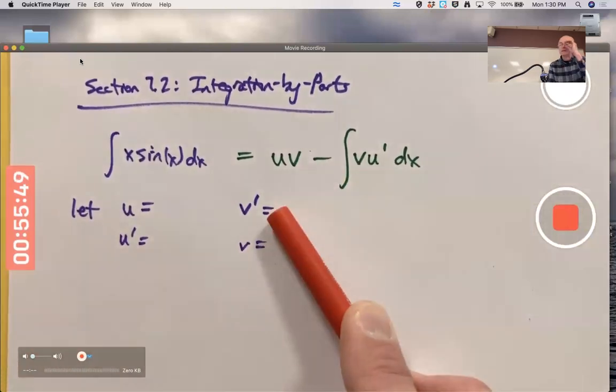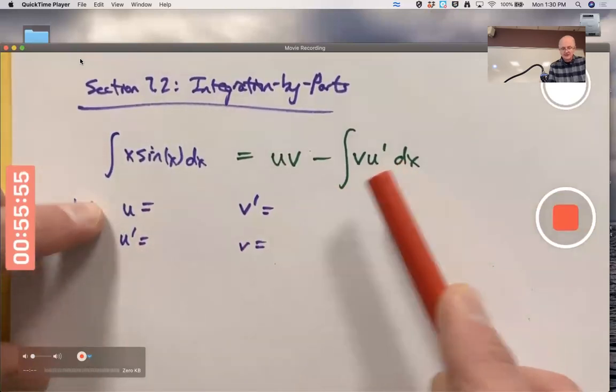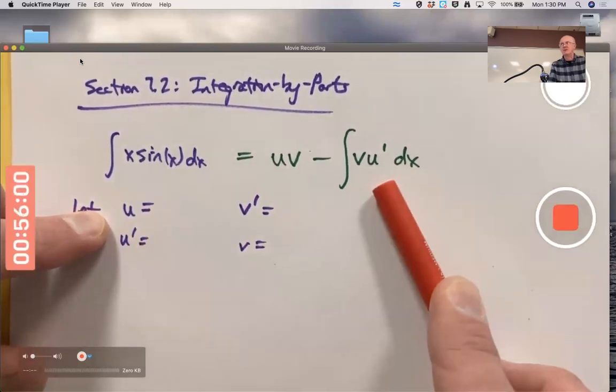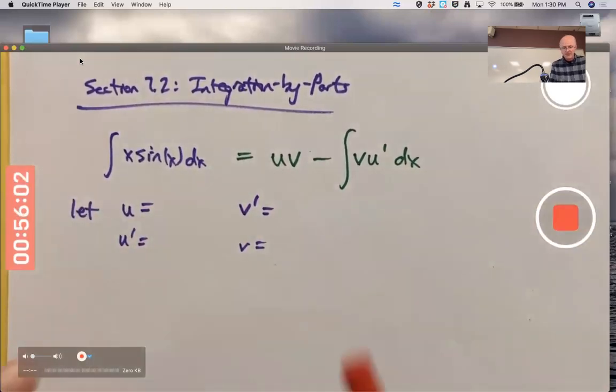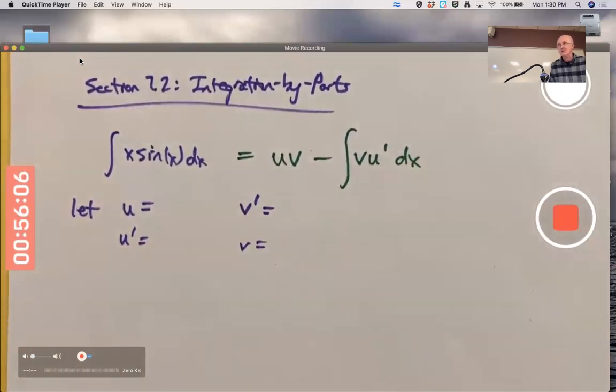So v prime better be something easy to integrate. And you also see a u prime appearing in this formula. So u better be easy to differentiate. And hopefully, since the right-hand side of this formula involves another integral, hopefully u prime is simpler than u so that this integral is easier to do. That's a lot to take in. Let's see how it works out.